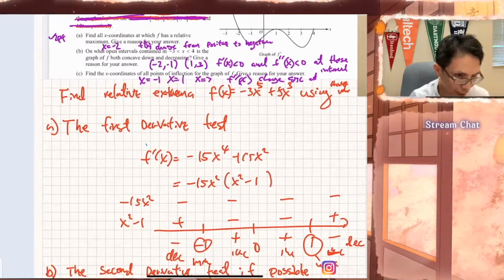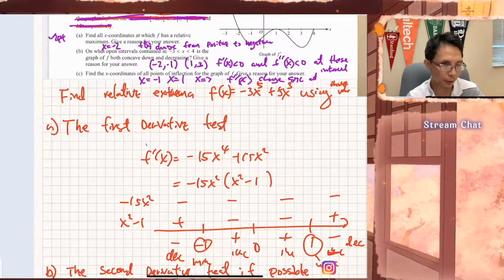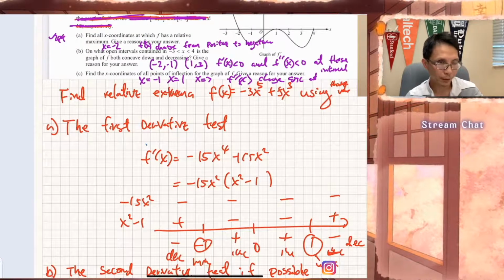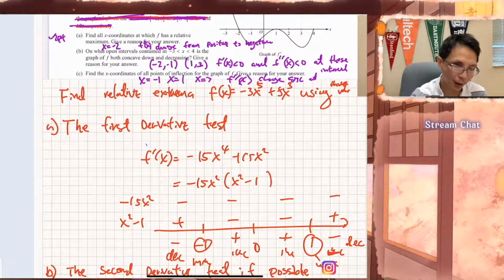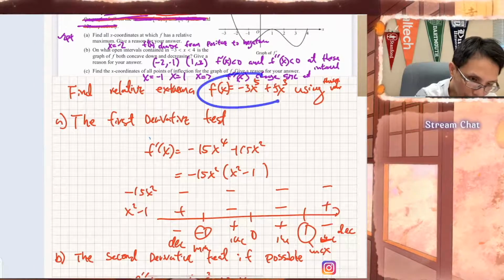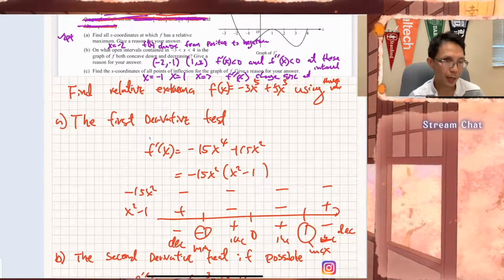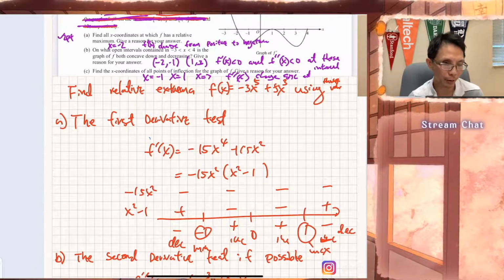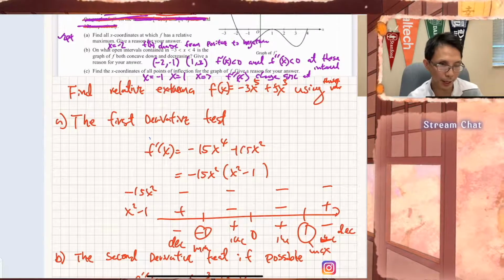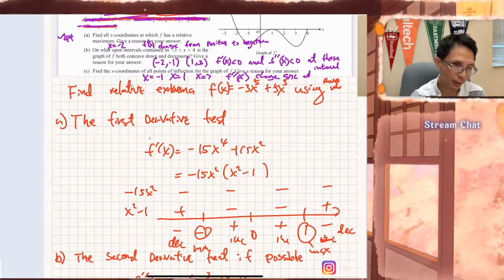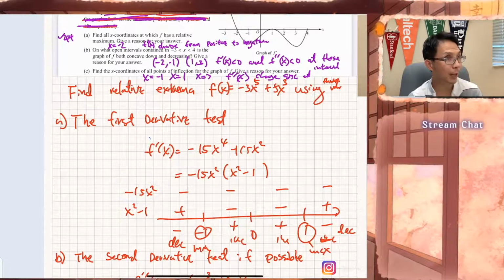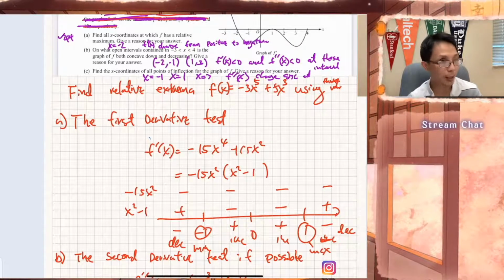Now this is the first derivative test. All you guys know how to do this. The first derivative test is f prime of x equal to, so I have these functions right here. The first thing is I want to take a derivative, and then find the critical values. In this case, it's going to be -1, 0, and 1. I will plug in all the things. Now remember, -15x squared, I will plug in as a negative.